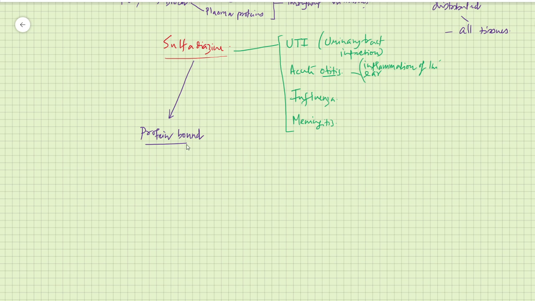This protein bound form is in equilibrium with the free drug, and it is the free drug that is responsible for the activity. As free drug is consumed, more and more protein bound drug will become free drug and exert activity. As a result, sulfadiazine has a duration of action that ranges from medium to long acting. In this case, it would be medium acting. So they are protein bound.